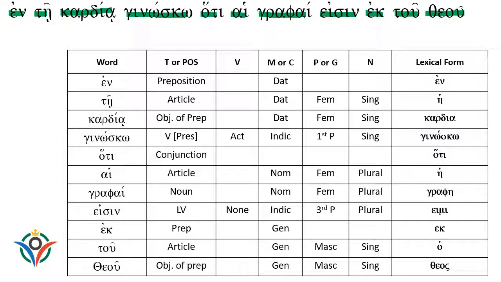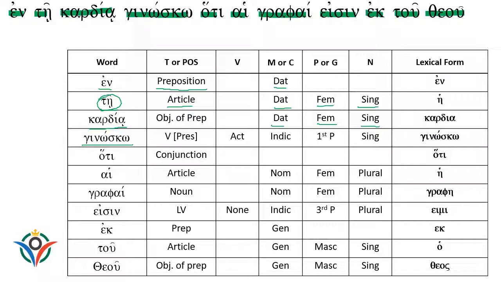All right, so we have en, which is a preposition, takes its object in the dative case. All right, so that's why te kardia is in the dative case. And te is a feminine singular article, so therefore kardia is feminine singular as well, and that means heart.